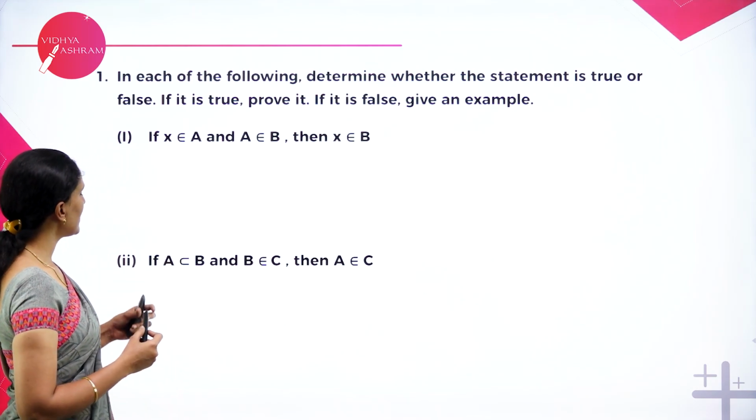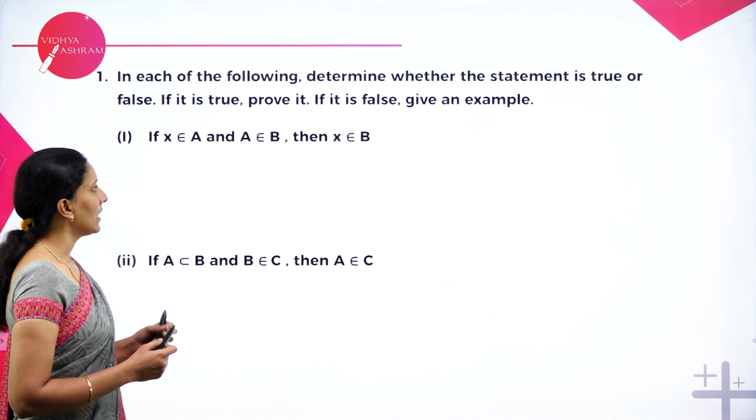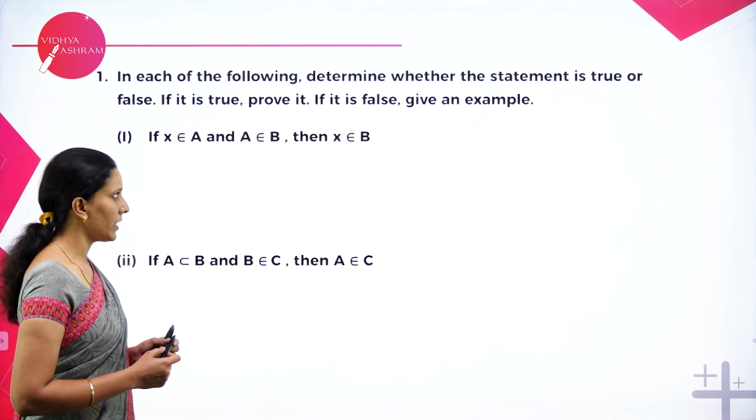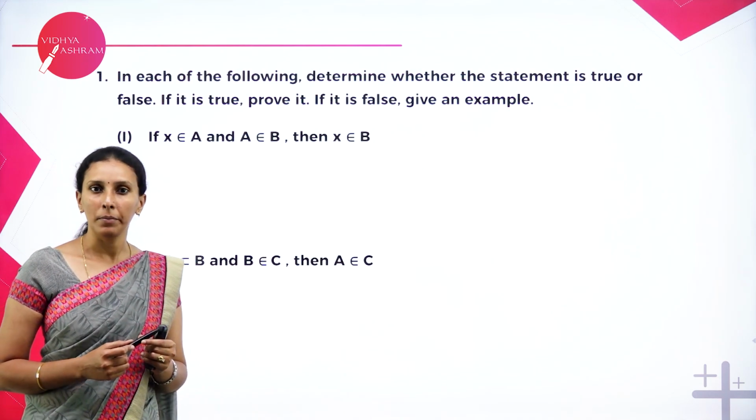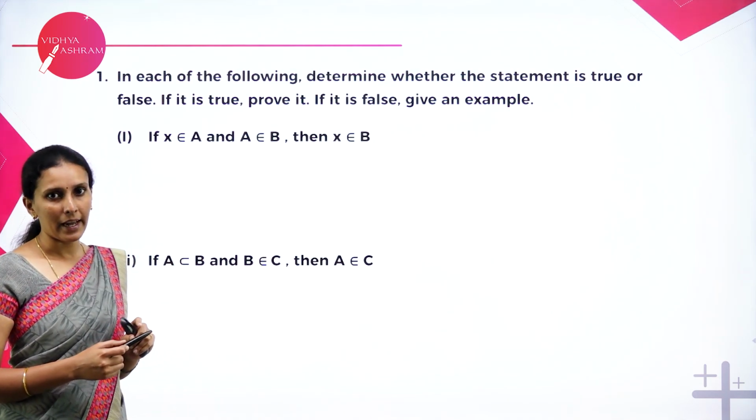Now here the first statement states: an element X belongs to A and the set A belongs to set B, then the element X belongs to set B. So let's see by taking an example.